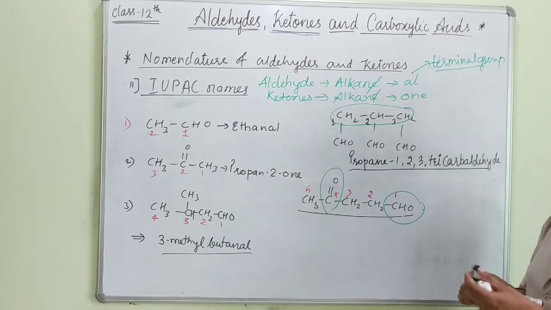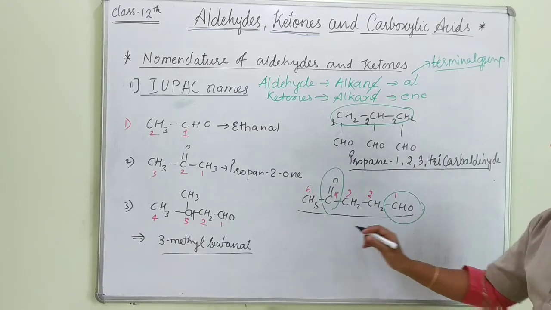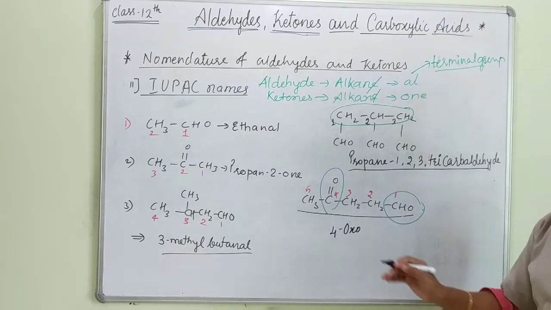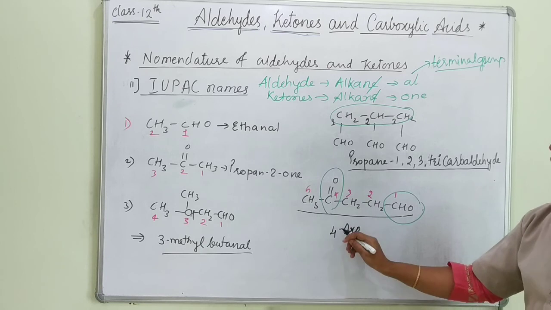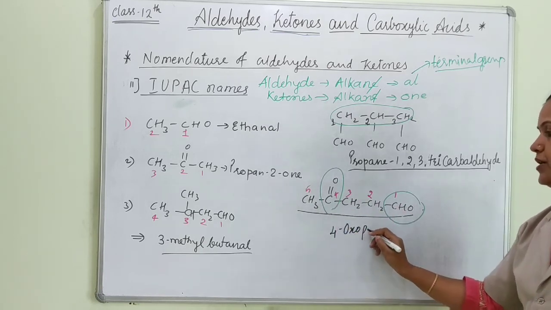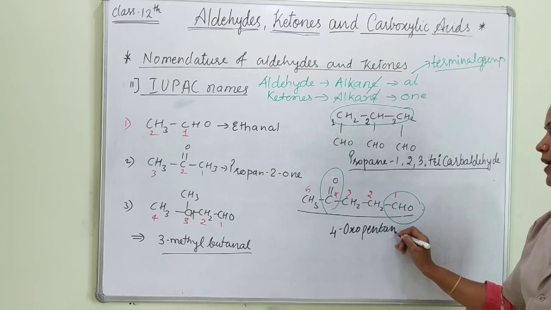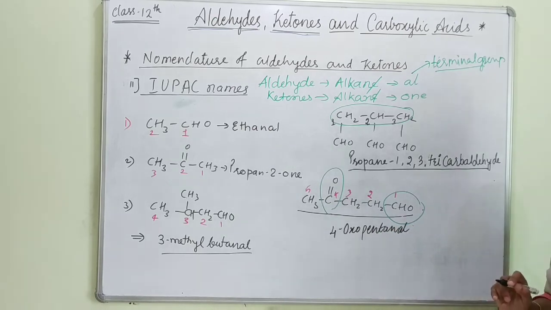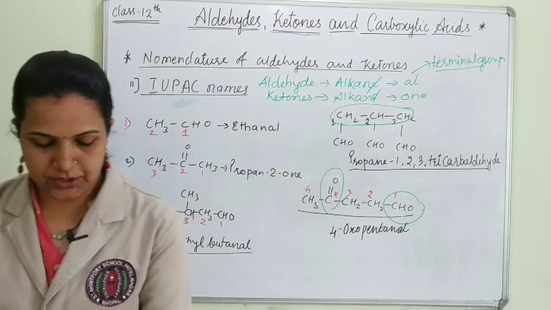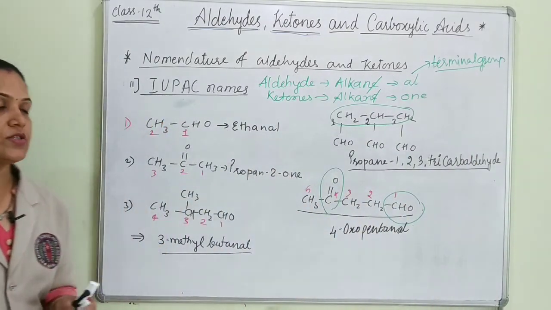So on the 4th position a ketone group is there, so 4-oxo. When ketone is a substituent, we have to use it as oxo. So 4-oxo, 1, 2, 3, 4, 5. So it's 4-oxopentanal.